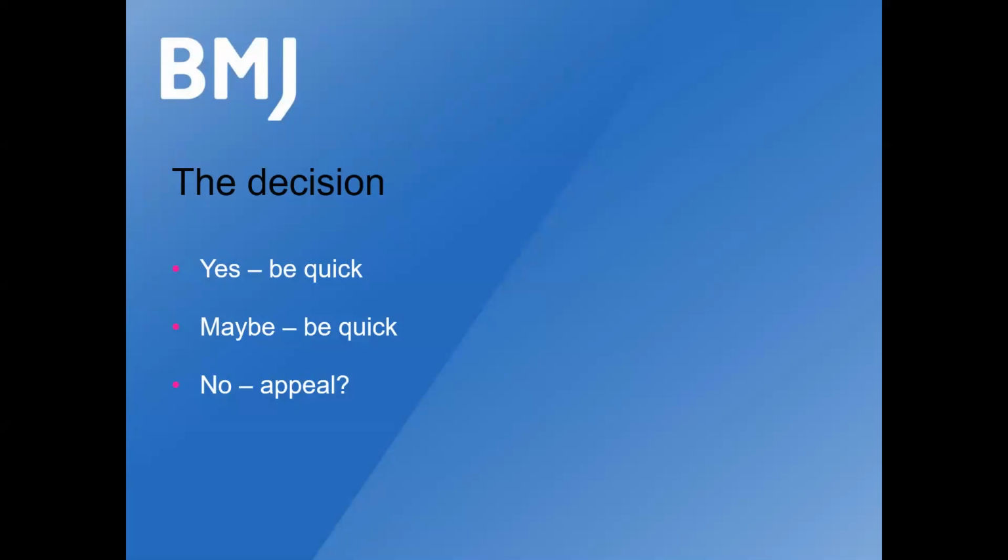And then eventually you will get the decision from the editor, which might be, yes, they want to publish your paper. And sometimes they'll say, yeah, your paper is great, we'll publish it as it is. But often they will say, yes, but we want you to make a few changes to the paper if you can. And I always advise people, if you get messages like that, be really quick to respond.